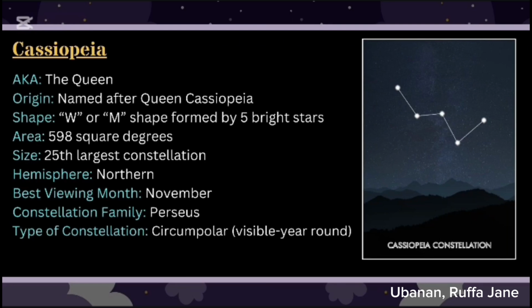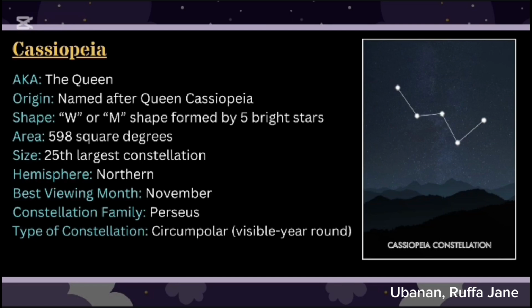The best time to view Cassiopeia is during the month of November. It is part of the Perseus constellation family, which means it's located near the constellation Perseus in the sky. Cassiopeia is a circumpolar constellation, meaning it's visible year-round from the northern hemisphere.